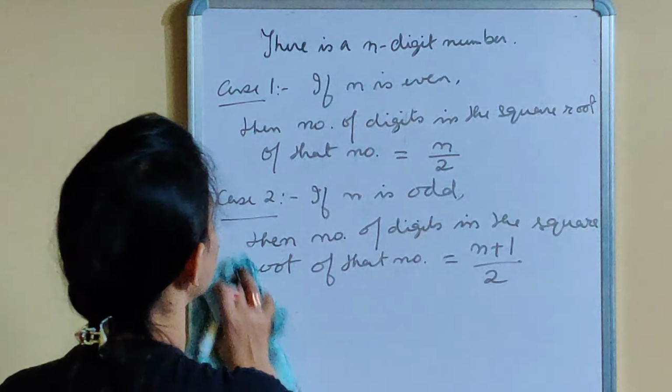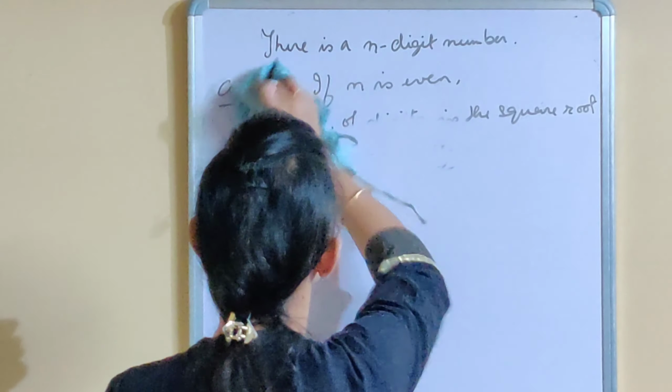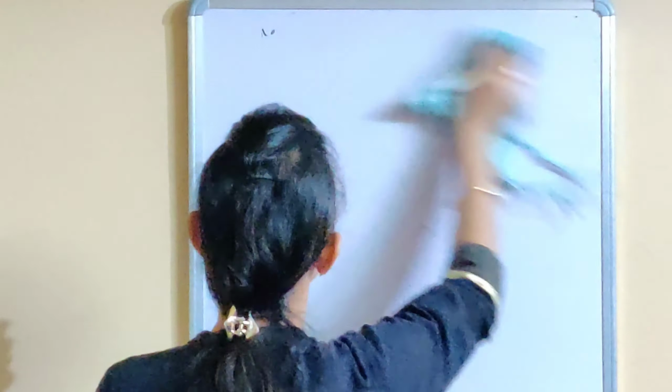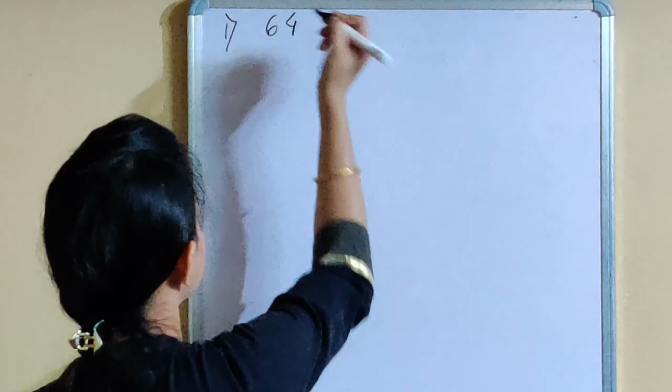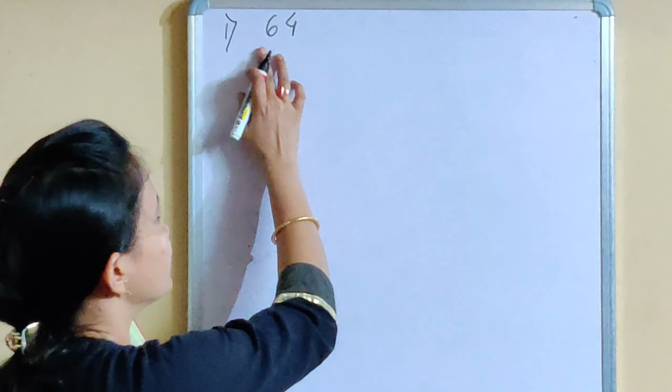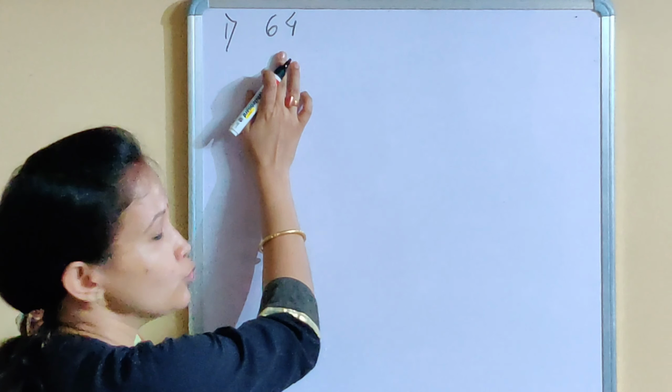So let's see with an example. Suppose we have a number 64. Okay. Now here how many digits are here? 2.